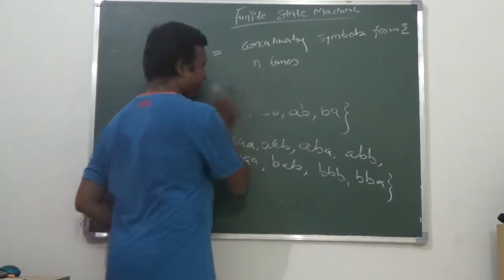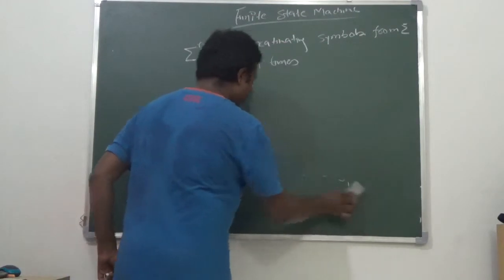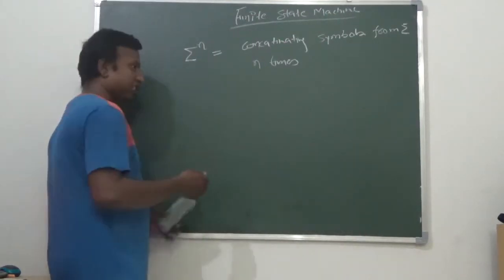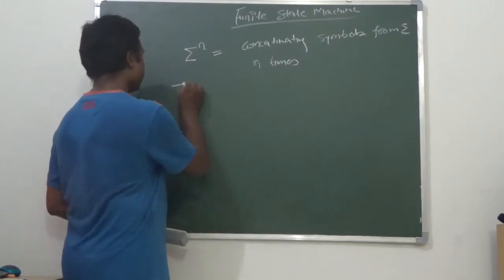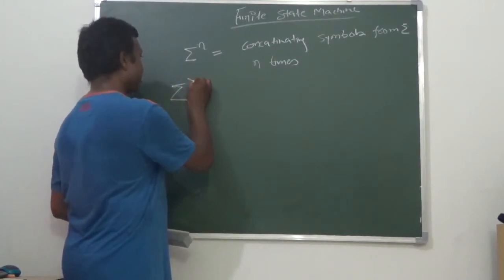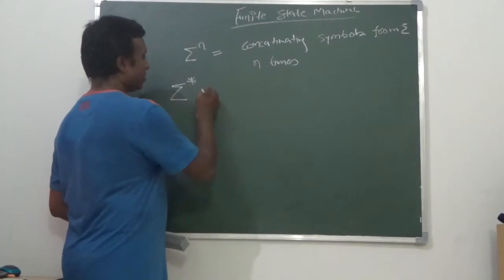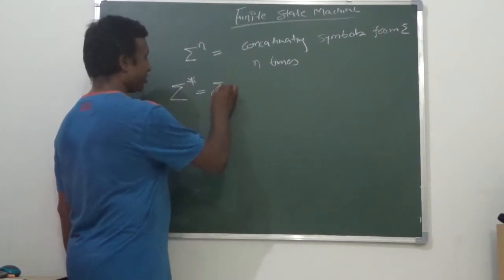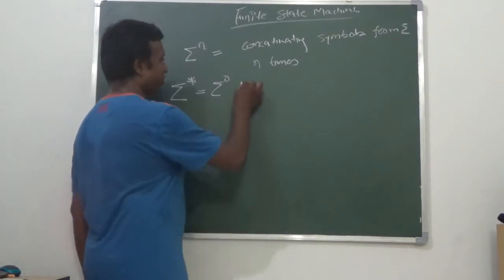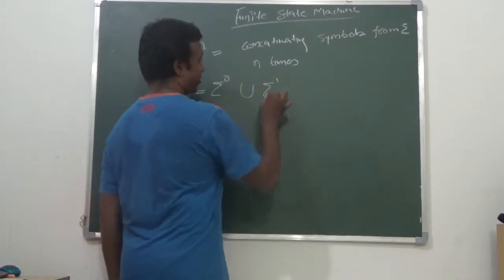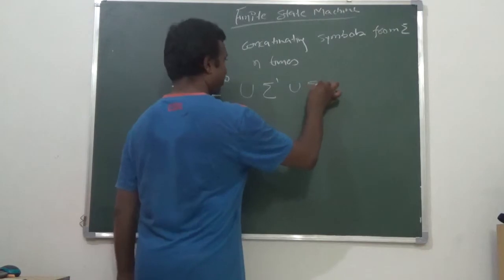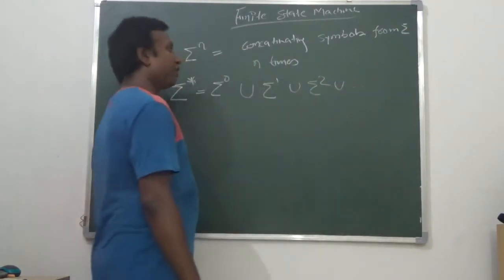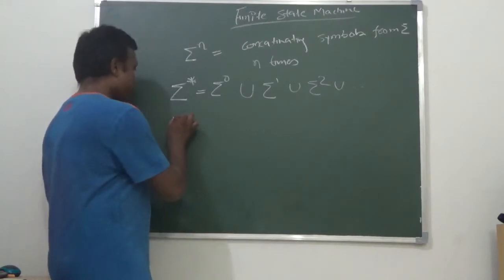Now there is one more notation which is used in the discussion of finite state machines, which is sigma star. So what is sigma star? The sigma star is equal to sigma 0 union sigma 1 union sigma 2 union, and it will go on to infinity.